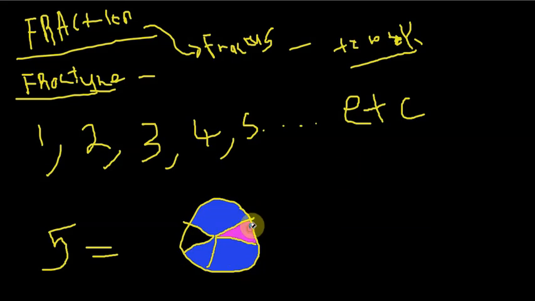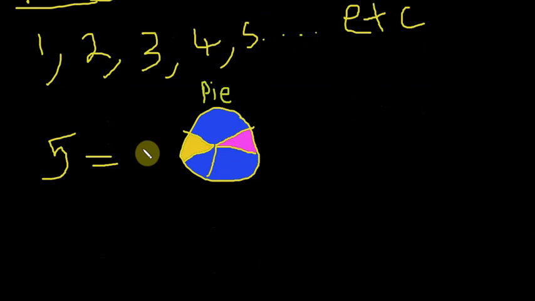So if you count these pieces, you have 5. How many pieces of this pie? 5 pieces. If we divide the pie, in other words, if we break or fracture this pie into 5 pieces, the whole complete pie is 5.